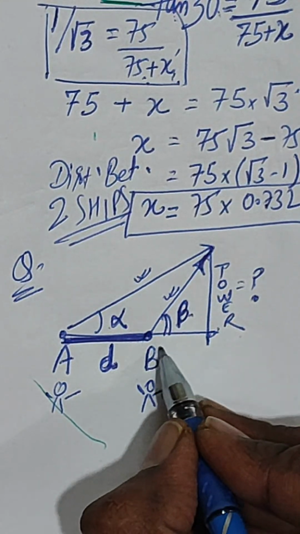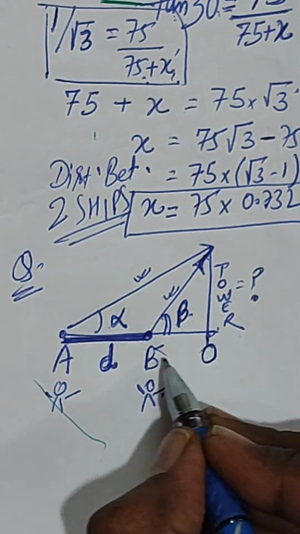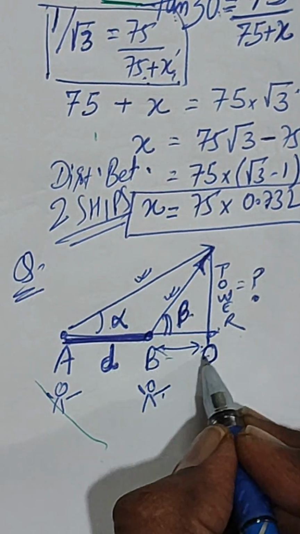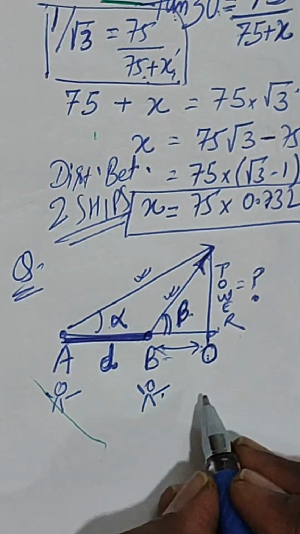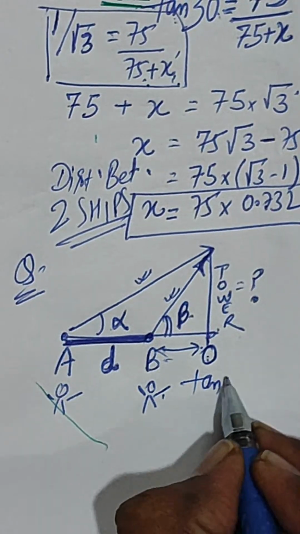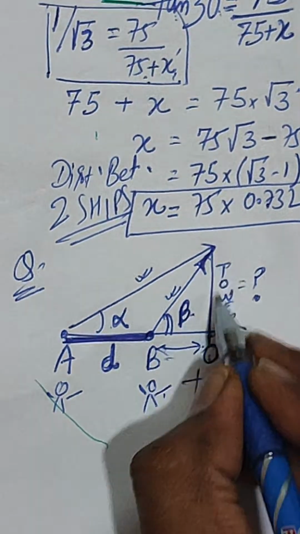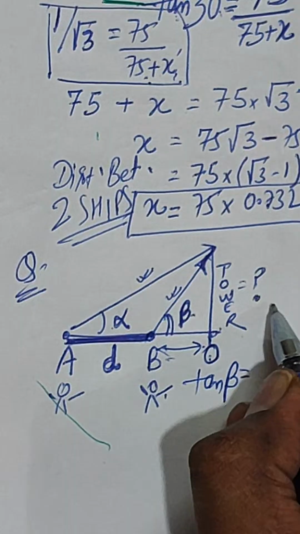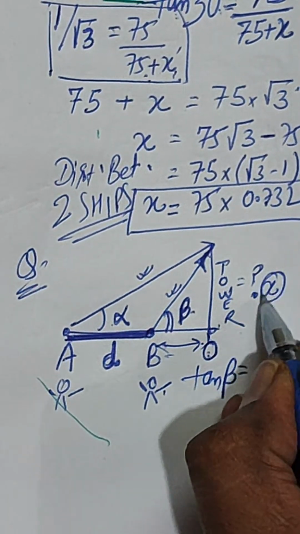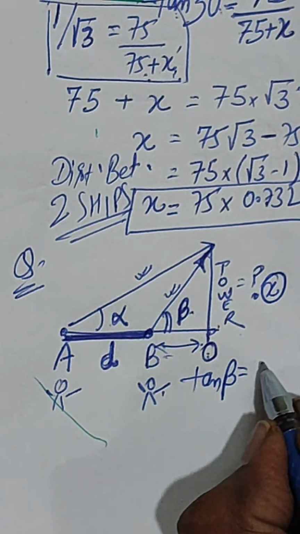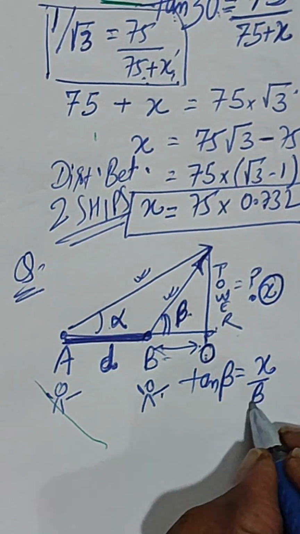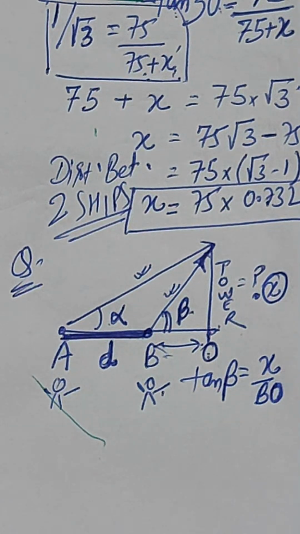This will give you the length of, let us say if this is O, BO, right? If you take the value of tan beta, this will give you the length of the tower. Let us say the tower length is assumed as x, so tan beta is equal to x by BO, right?